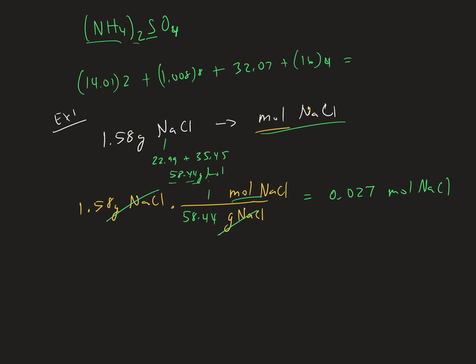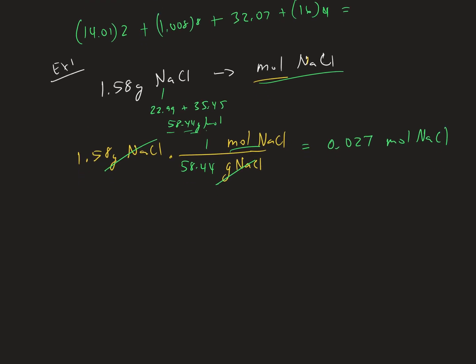How are we feeling? Can we do this? Let's do another example. If we have 2.45 moles of carbon dioxide, and we want to know how many grams we have, what do we do first?